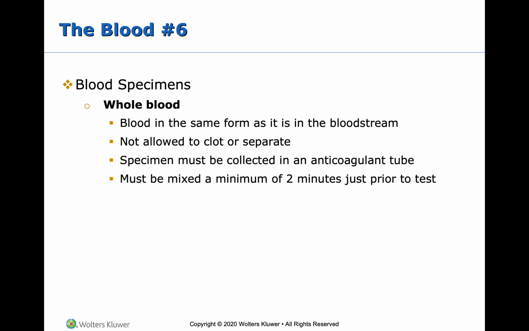We have gotten specimens that are clotted from nurses that take a syringe, and rather than just letting the blood get sucked into the tube via the vacuum system, they squirt the blood into the tube, and they actually squirt more blood into the tube than is needed, so the ratio is off, and that causes clotting.